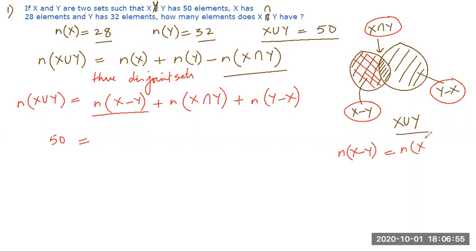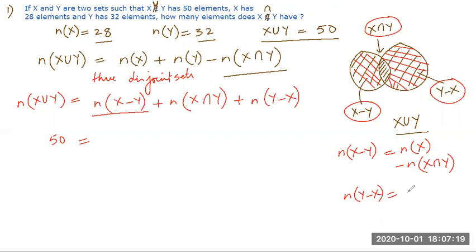N of X minus N of X intersection Y. Beautiful. I can also write N of Y minus X is equal to only this set, excluding the common elements. Common elements mean elements of X intersection Y.